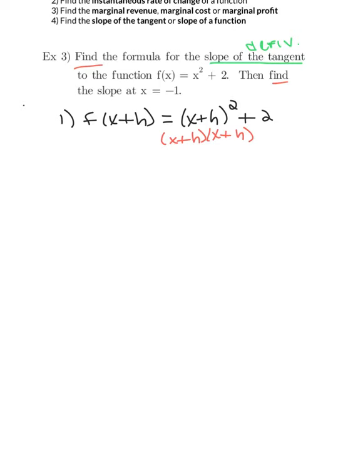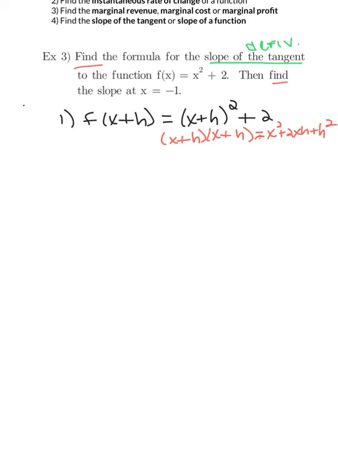If you do this, you get x squared plus 2xh plus h squared. You might as well memorize that because you're going to have to be able to do this.